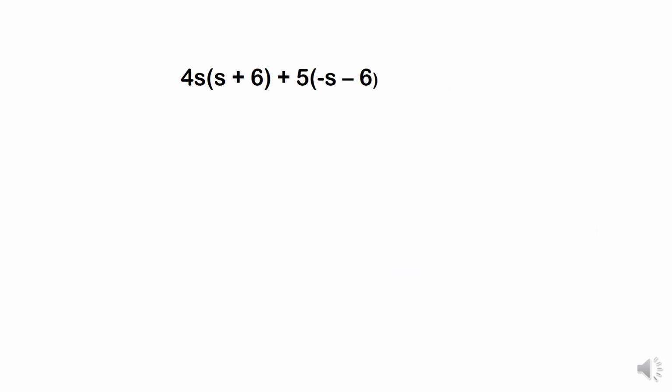Okay, so for this one, it looks like it's already been grouped, but we notice that our binomials are not common terms. However, if we factor out a negative from negative s plus 6 in this term, then we can see that it's going to give us our common binomial factor.